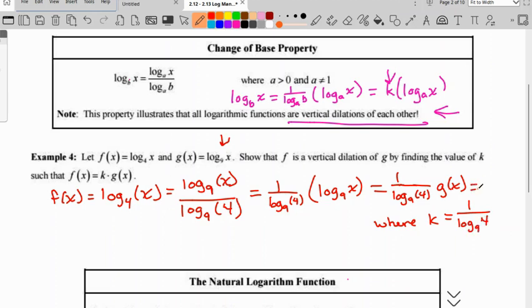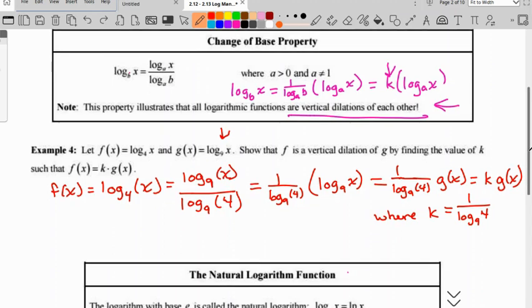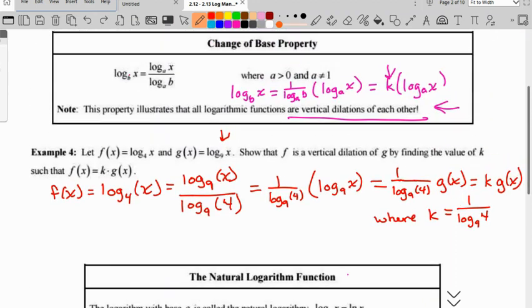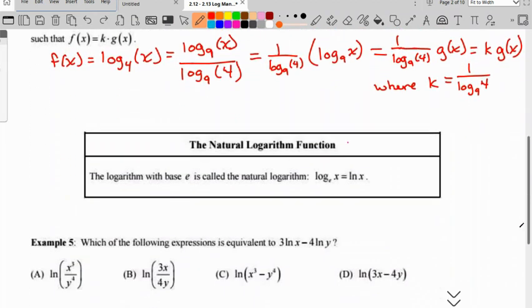So you could rewrite that as k times g of x, because that's just a constant. So using those properties, we did it with letters in pink, and then we did it with numbers in red. So the same process.